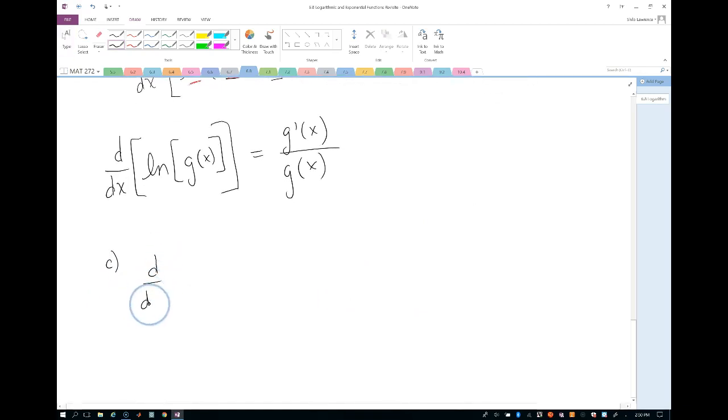And one more really quickly. The derivative for, let's do, not natural log, let's do log base 5 of x cubed.